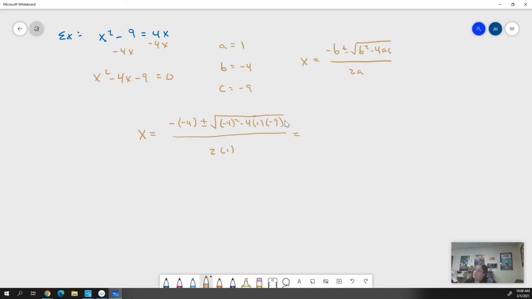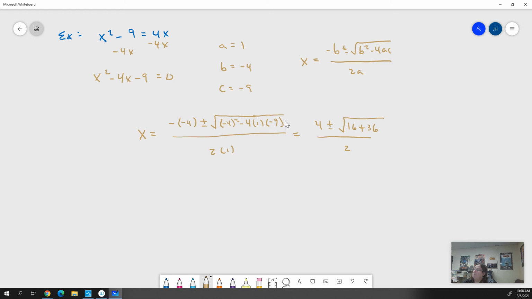So let's look at this. Negative times -4 is just 4. Plus or minus the square root. -4 squared is 16. Minus 4 times 1 is still -4. Minus 4 times -9 is +36.